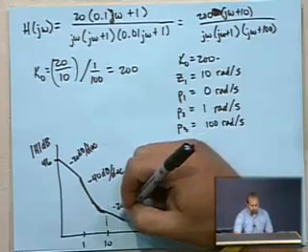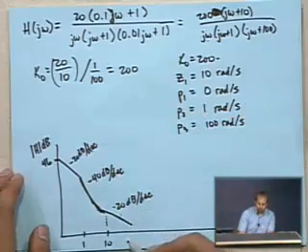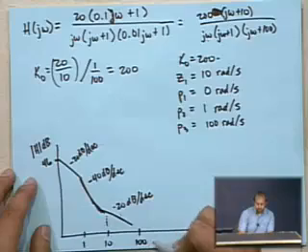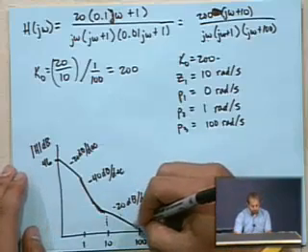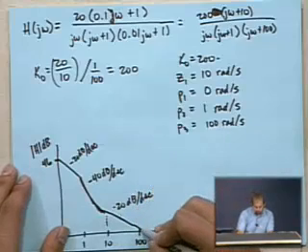That will continue out for a while until you get to 100 radians per second, at which point it will start decreasing again at negative 40 dB per decade.